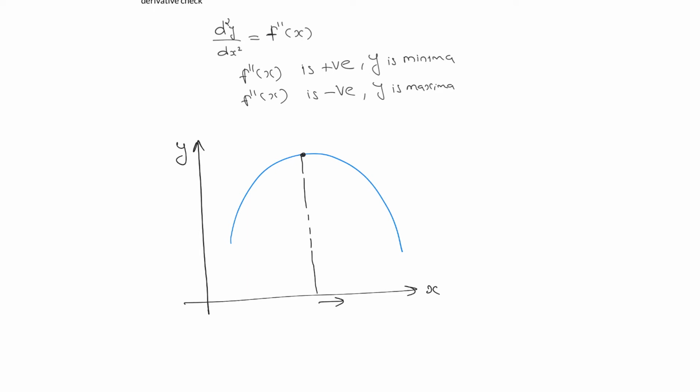If we are at maxima and I increase the value of x, definitely we know that the value of y is going to decrease. That's why the value of d square y by dx square at maxima will be a negative value. That means if you are at maxima and you increase the value of x, the value of y is going to decrease.